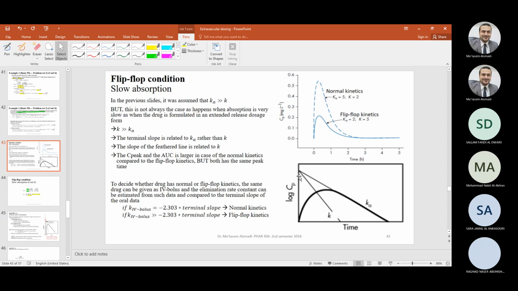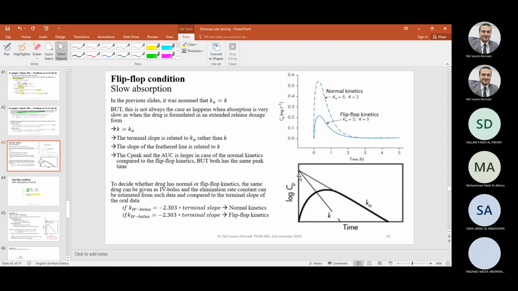Now you have IV data. From that you get the K. Then you compare that K to the terminal slope K. If it's the same, that means you have normal kinetics. But if it's higher, that means you have flip-flop kinetics, because we said that the residual line has a higher slope than the terminal phase.